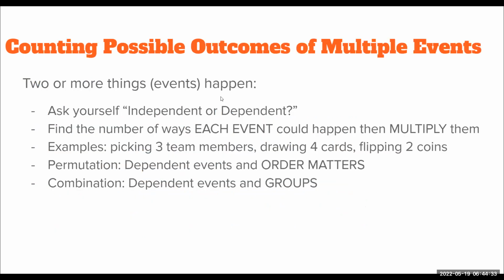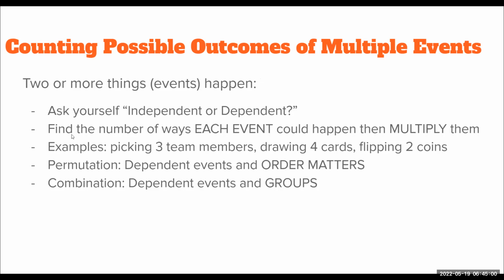So let's explore in more depth. We can count the possible outcomes of a multiple event scenario. So if more than one thing happens, you're drawing multiple jelly beans, you're picking multiple people for your team, you ask yourself independent or dependent, because if it's dependent, you may have to use permutations.